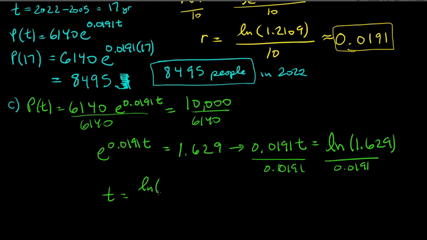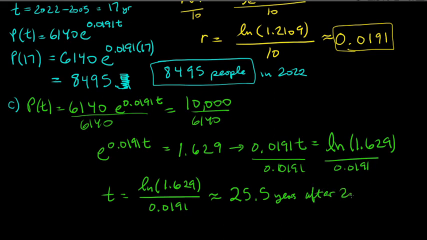Well, okay, so again, here's a more precise answer. Plug that in your calculator, and what do you get? Looks like 25.5 years. 25.5 years, right. Well, 25.5 years after 2005.